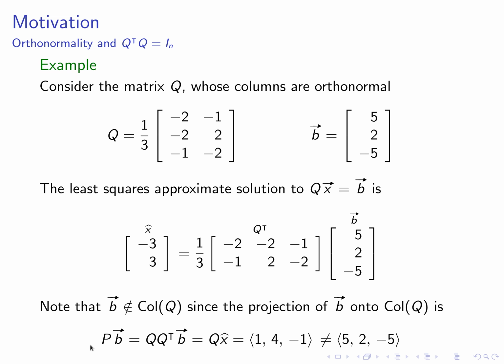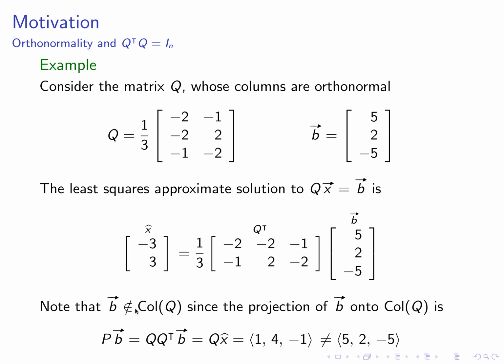Projecting B onto the column space is the same thing as multiplying by Q times Q transpose times B. And we just found that Q transpose times B is the vector -3, 3. When we multiply Q by the vector -3, 3, we get the vector 1, 4, -1, which is certainly not equal to the original B, 5, 2, -5.